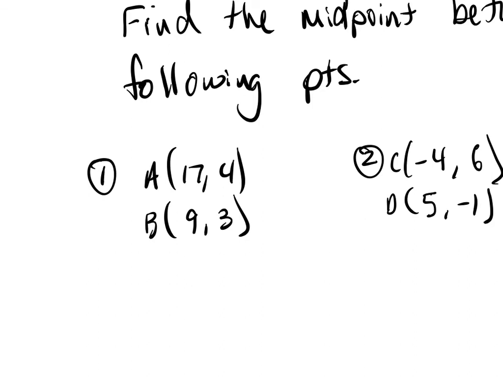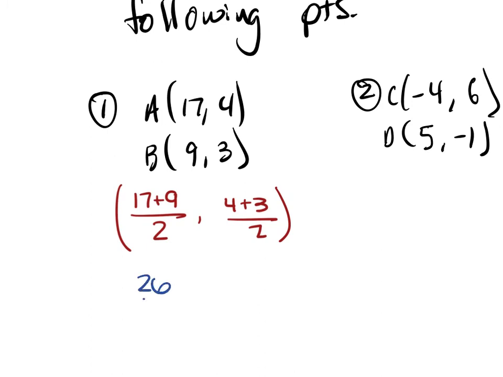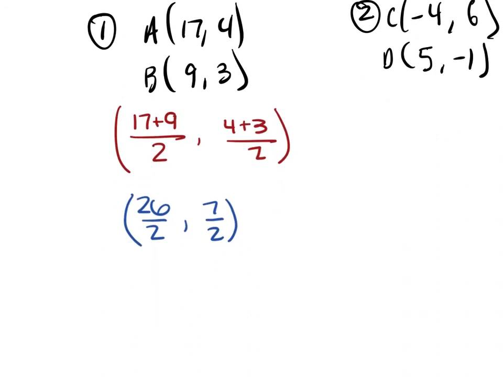For this one, we are going to do the sum of our x values, so the 17 plus the 9 divided by 2, and the sum of our y values, so 4 plus 3 divided by 2. That 17 plus 9 gives us 26 over 2, and the 4 plus 3 is 7 over 2. We will simplify the 26 over 2 to be 13, and then that 7 over 2 we can leave as 7 over 2. So it's just 13, comma, 7 over 2.